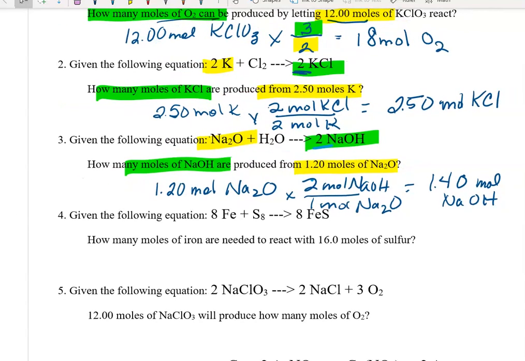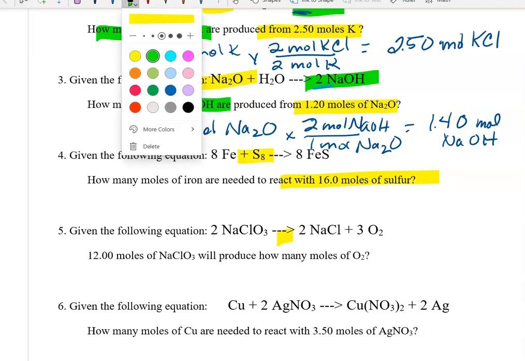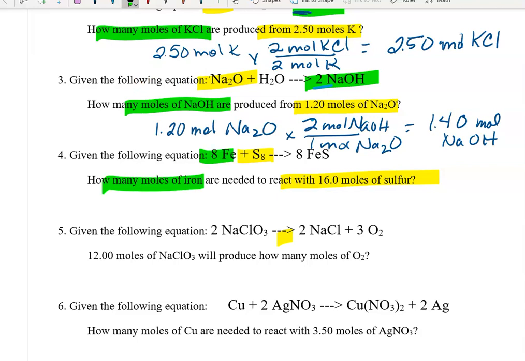The next one, our known amount is 16 moles of sulfur. And our unknown amount that we're solving for is moles of iron. So we're going to start with our known, 16.0 moles of sulfur. And the sulfur comes in packages of 8 in this case.